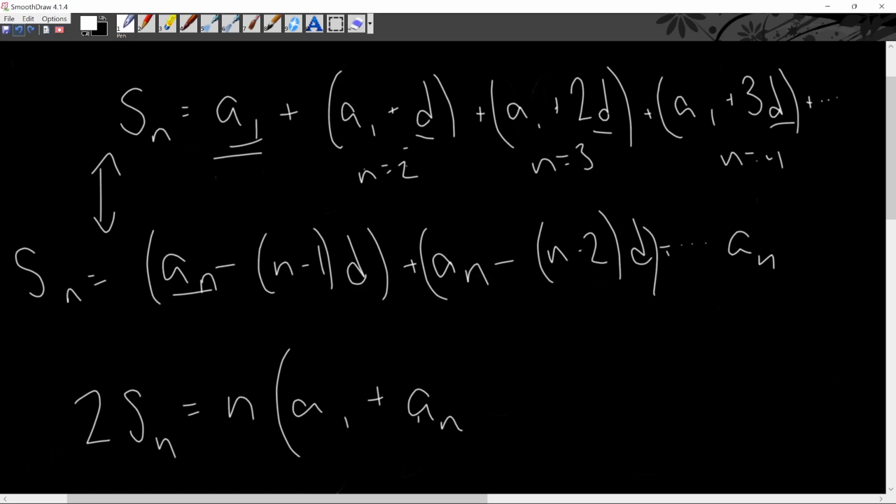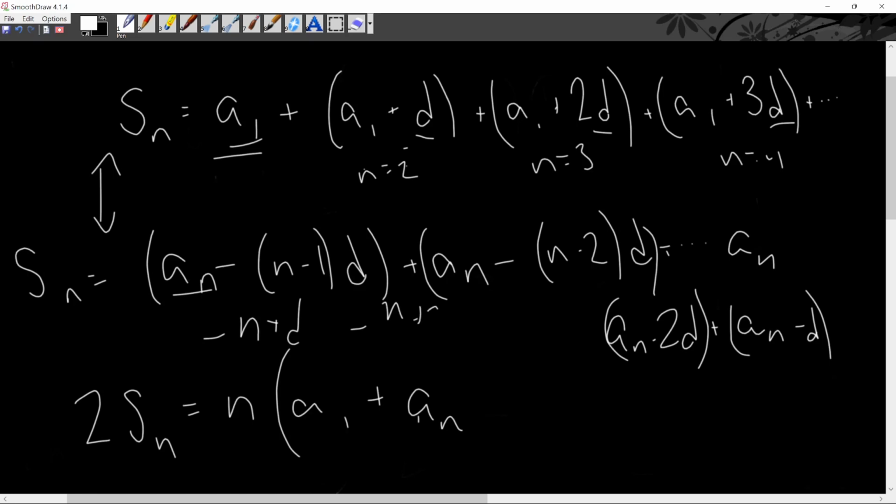So if you factored out all of those values, like nd, it's going to be negative nd plus d, negative n plus 2d, and on until you get to a sub n minus 2d, and then plus a sub n minus d, right? You're just doing negative n plus d, negative n plus 2d, and eventually you will just get to minus 2d, minus d, and eventually nothing. So all of these cancel.